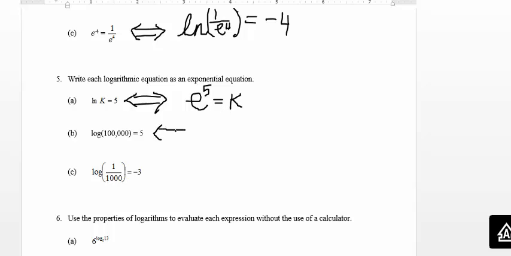So here this is equivalent to, b, the common log of 100,000 equals 5, is equivalent to 10, unwritten 10 here is my base, just like above an unwritten e was my base. 10 to the fifth power equals 100,000.